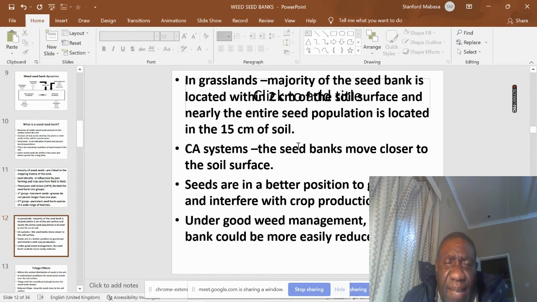Seeds are in a better position to germinate and interfere with crop production. That is in the CA. Under good weed management, the seed bank could be more easily reduced. But I don't know whether we can actually reduce weed seed banks to a level where we are not going to worry about weed management.